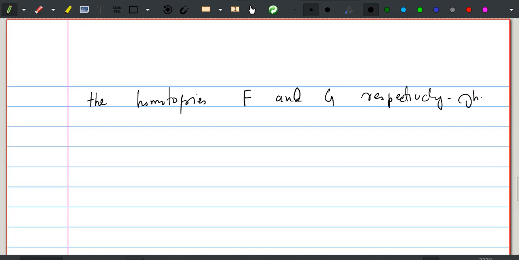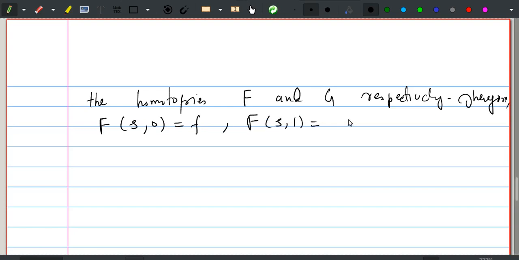Therefore, when we restrict F to 0, we get little f, and F restricted on 1, we get g.